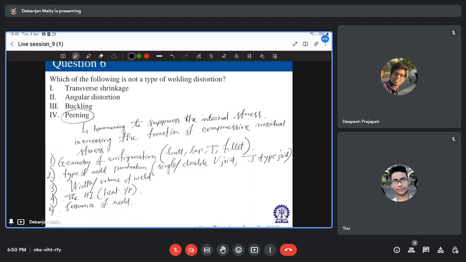So the obvious consequences or effects of distortion in weldments, what are those? For weld distortion, there can be loss of required dimension, correct?